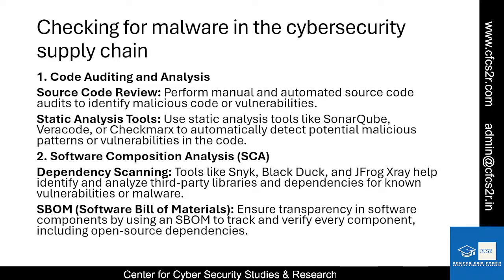In code auditing and analysis, we usually do source code review, performing manual and automated source code audits to identify malicious code and vulnerabilities. Manual testing is always very good. Also, static analysis tools like SonarQube, Veracode, and Checkmarx will automatically detect potential malicious patterns or vulnerabilities in the code.